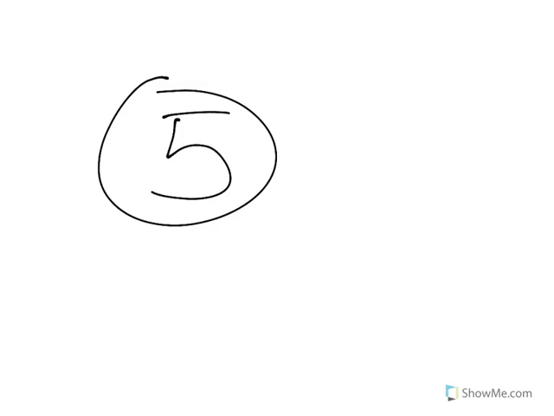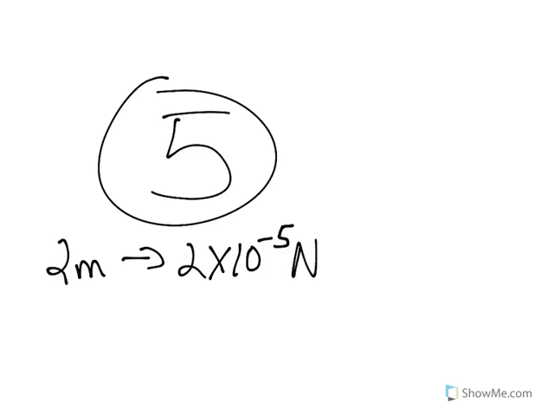Okay, number 5. 2 charges that are 2 meters apart repel each other with a force of 2 times 10 to the negative 5th newtons. If the distance between the charges is 1 meter, the force of repulsion will be. Alright, so we start off with 2 meters, and at 2 meters we have a force of 2 times 10 to the negative 5 newtons. We are at 1 meter, and we want to know the force now.